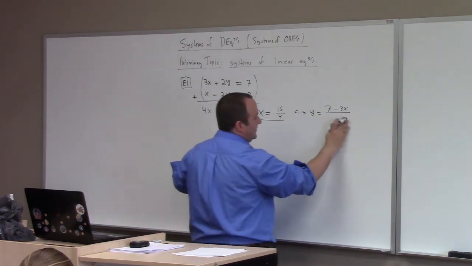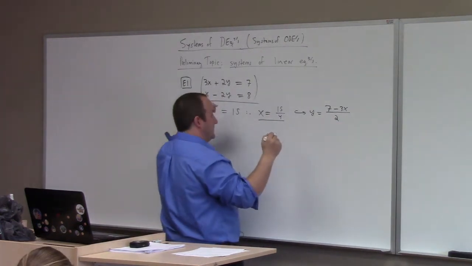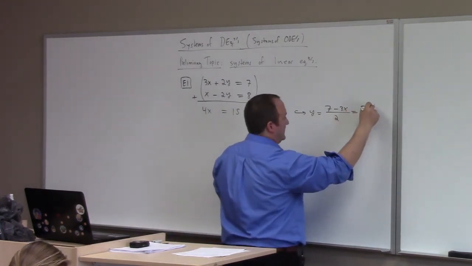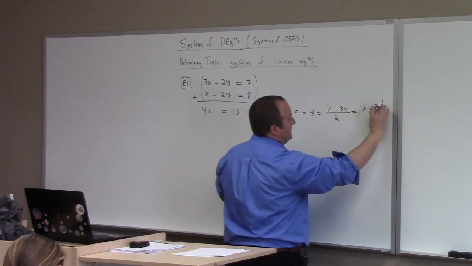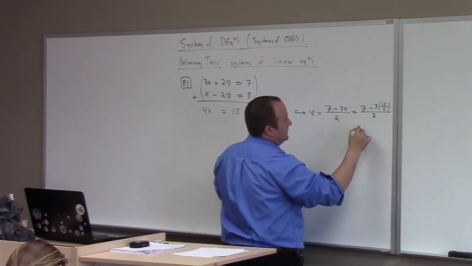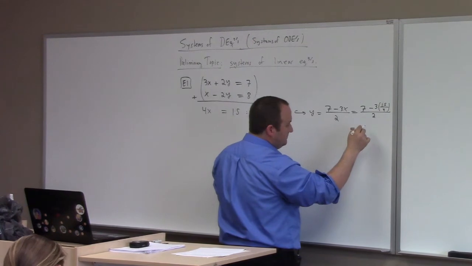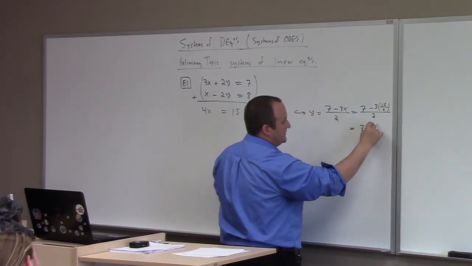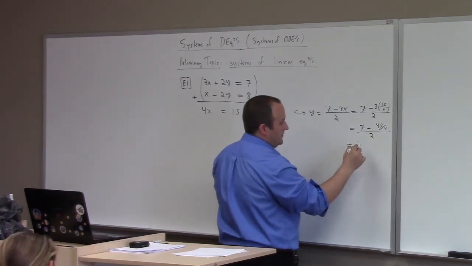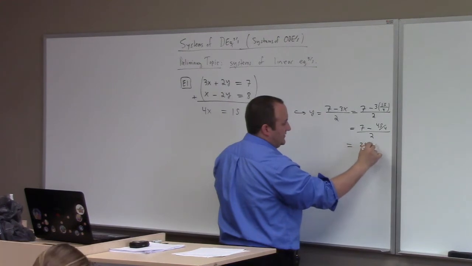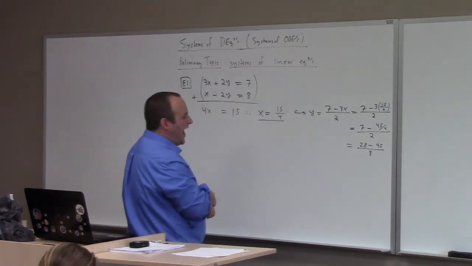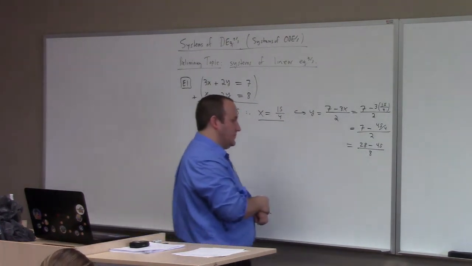Oh, 2. I can't do math. All right. It's okay. Don't tell anybody. And whatever that is, I don't really care. That's not really the point of what I'm doing here, but I'll finish it just for the sake of finishing it. 15 over 4. What do we got? 7 minus 45 over 4 divided by 2, which is 28 minus 45 over 8.